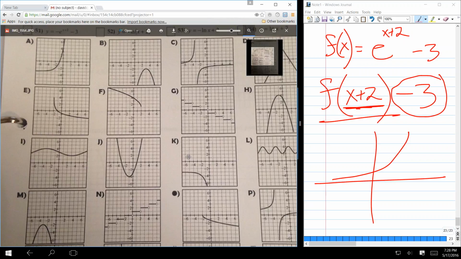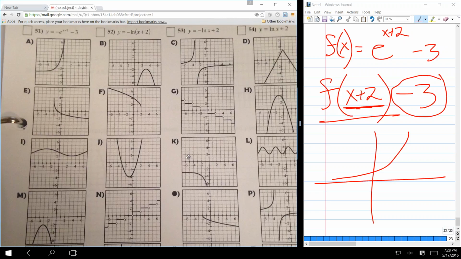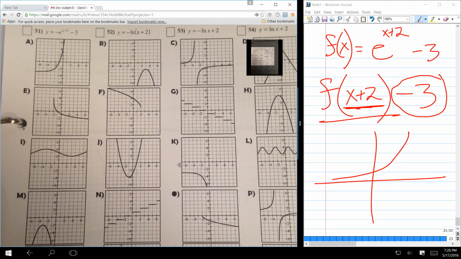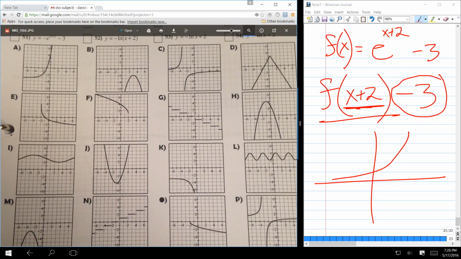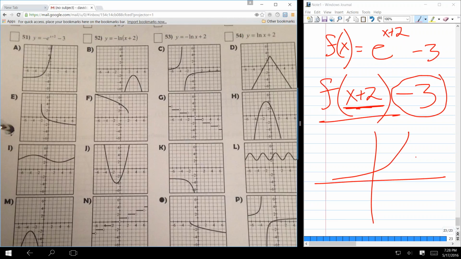A, maybe? A has been down 3. You need to pick a point for x. What's a good value to pick for x to see if A is proper? -2. Good, excellent.